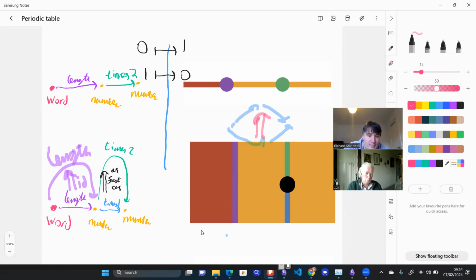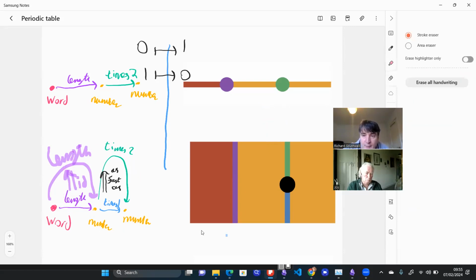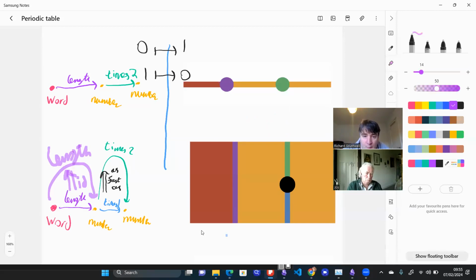Now, in this picture, what does it mean? It means that at the top here, okay, I should use different colors, we're going to have length and times two.